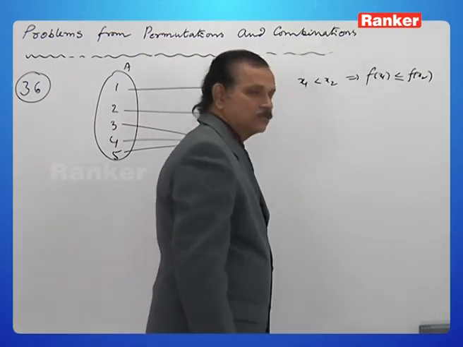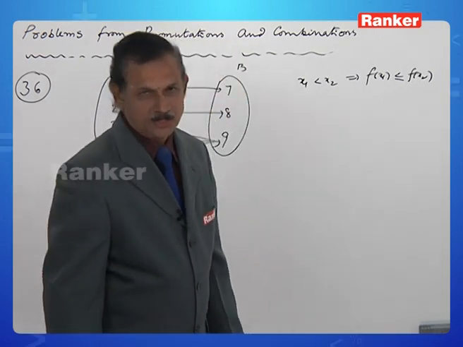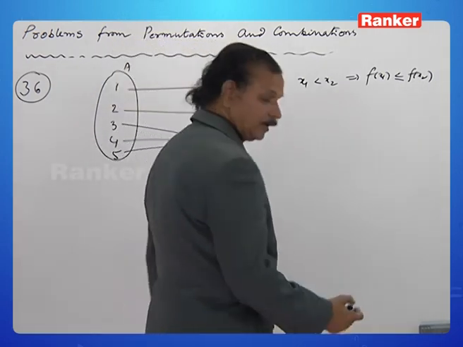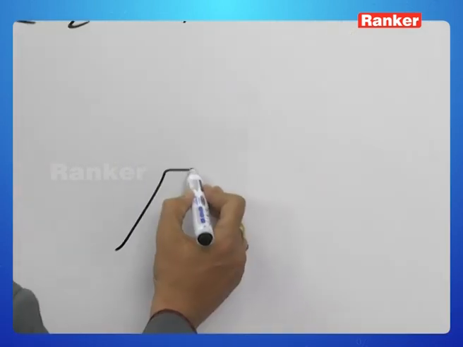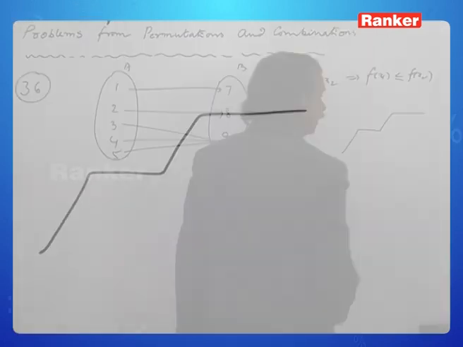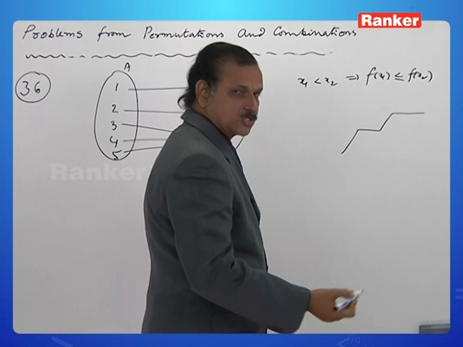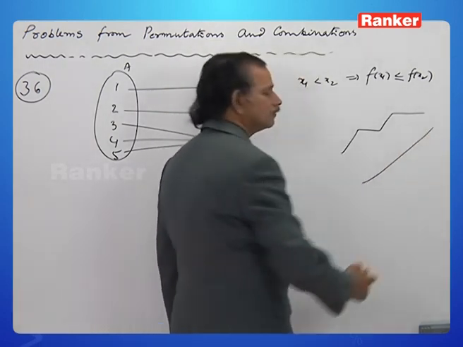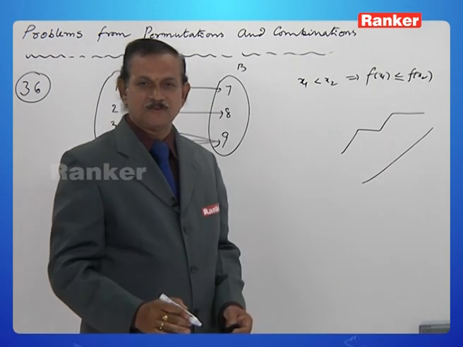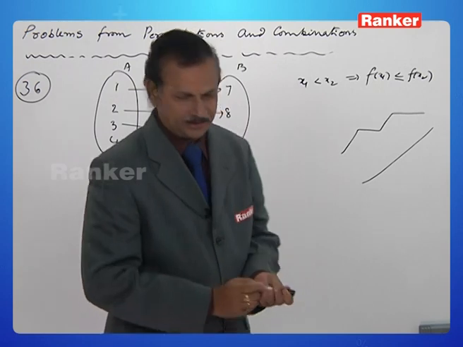With f of x1 less than or equal to f of x2, that is the character of a non-decreasing function. If you draw the graph of a non-decreasing function, it looks like this. If you draw the graph of a strictly increasing function, it looks like this. That's all the difference between the two words, strictly increasing and non-decreasing.